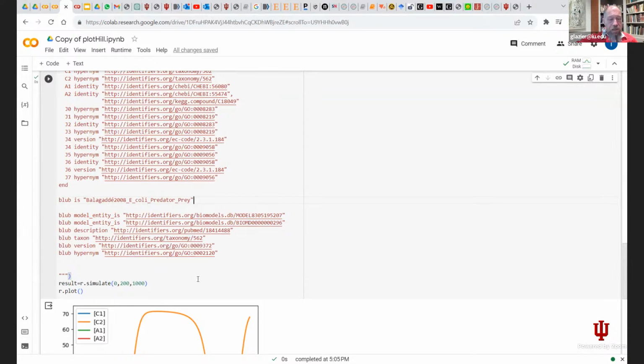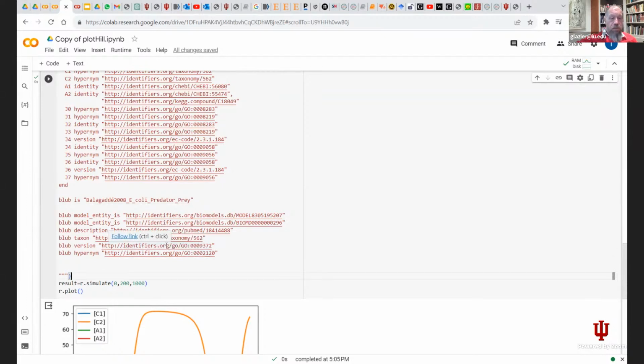And then the last two, and this one isn't really useful unless we look it up. GO is the Gene Ontology. And so this is a reference essentially to an ontology, an accepted international dictionary that defines those terms. And so if you then searched on GO 0009372, it would take you to a definition.